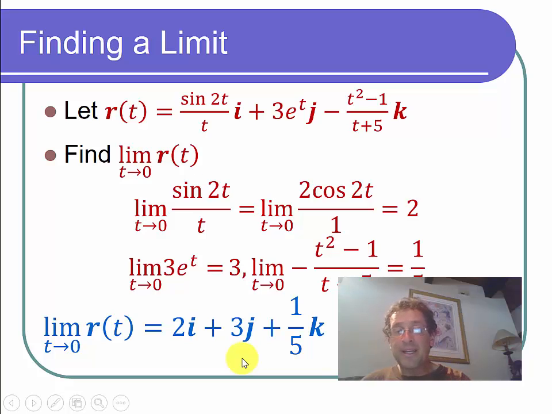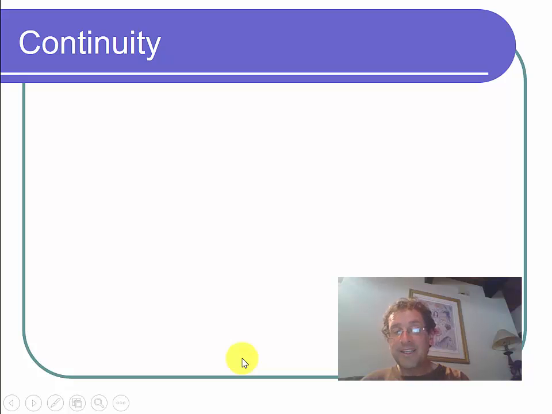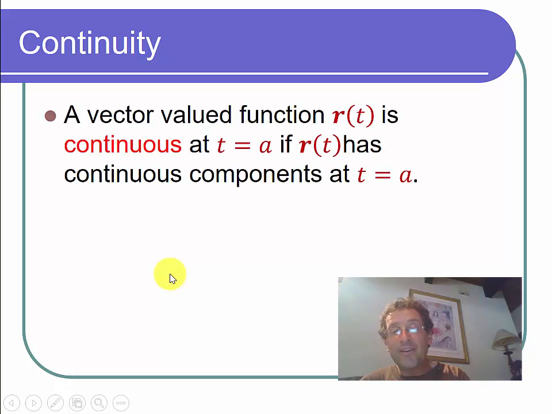Okay, now let's go to the next topic that we do in calculus, and now we're going to do it with vector valued functions, and that's continuity. So it turns out, if you remember the definition of continuity for functions of just a regular old variable, it meant that a function was continuous if the limit existed, and when you plugged in, you got something, and what you got was that limit. Well, it turns out it's the same thing.